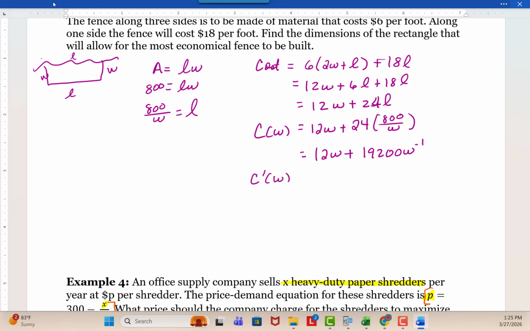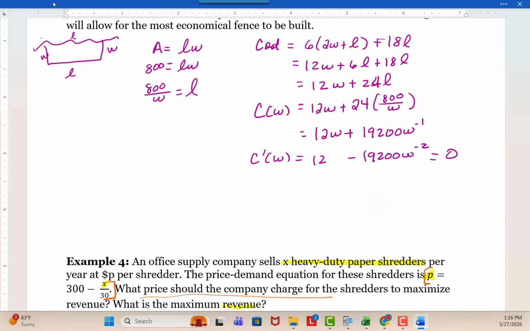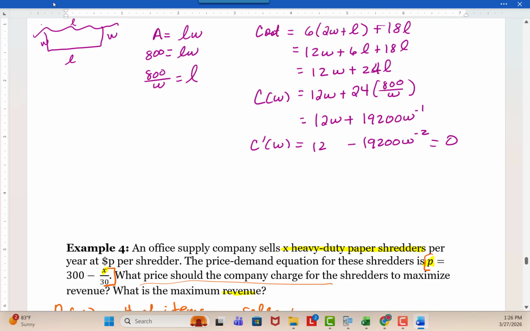Okay, we're ready now to take the derivative. C prime of W equals 12 minus 19,200 W to the negative 2. When we take the derivative, the first term would be just 12. We're going to set that equal to 0. And so we get negative 19,200 over W squared equals negative 12.